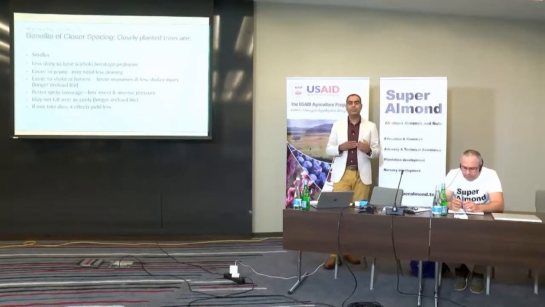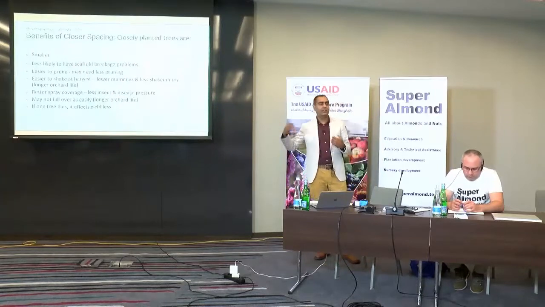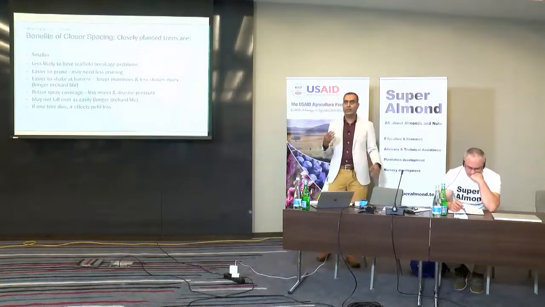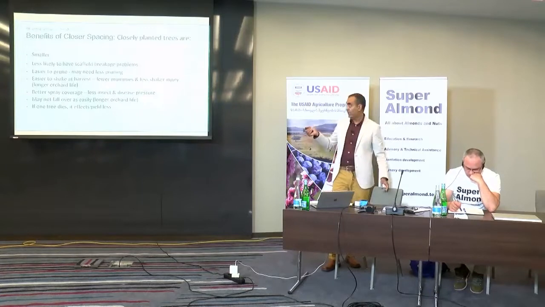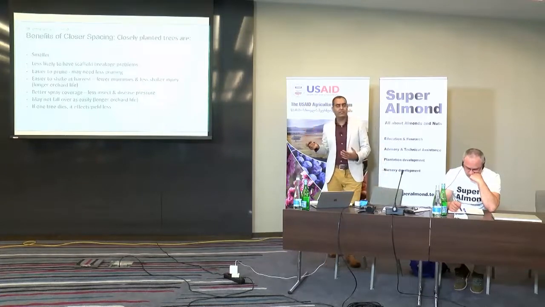So the closest tree to tree spacing is 4 meters: 4, 4.5, 6, and then 7 and 7.5. So that is the tree to tree spacing in this trial that they have these results from.